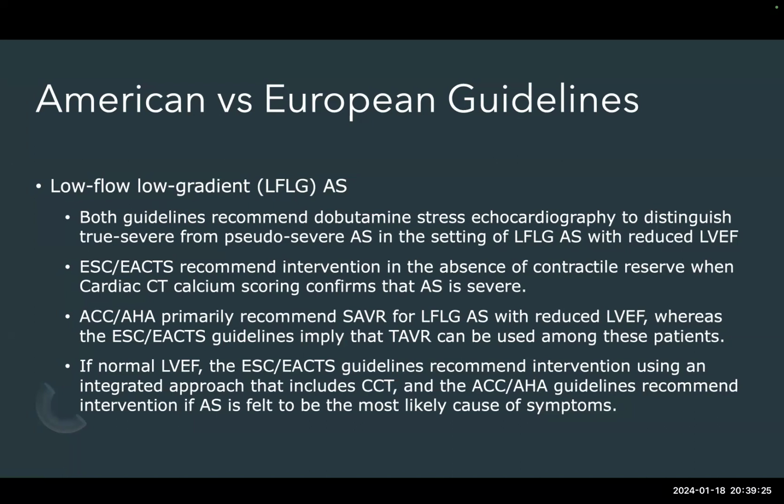What to do in a patient with low flow, low gradient aortic stenosis? Both guidelines recommend dobutamine stress echo to distinguish true severe aortic stenosis from pseudo-severe aortic stenosis in the setting of low flow, low gradient aortic stenosis with reduced ejection fraction.